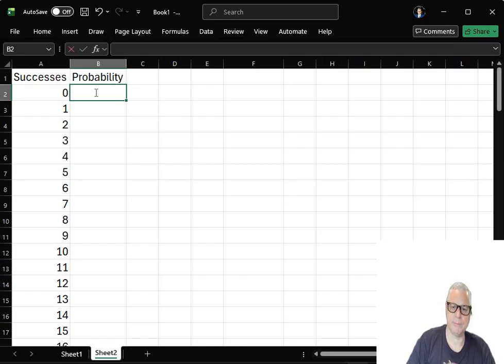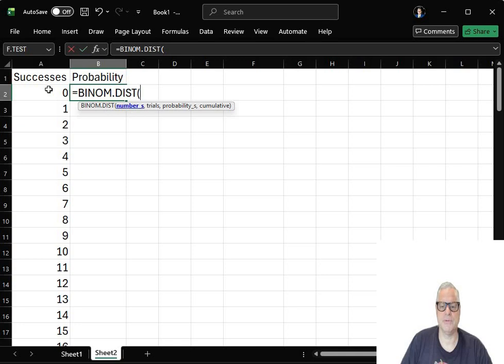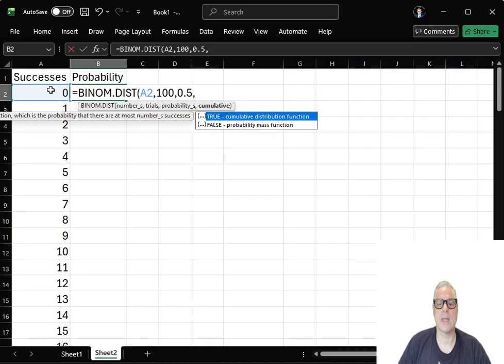So if you remember, for this we use the formula BINOM.DIST, and then it says the number of successes. Well, that's 0, it's a very small probability. The number of trials, 100. The success probability is 0.5, and we don't want it cumulatively because I want to show the probability for getting exactly 0, exactly 1, exactly 2, and so on.